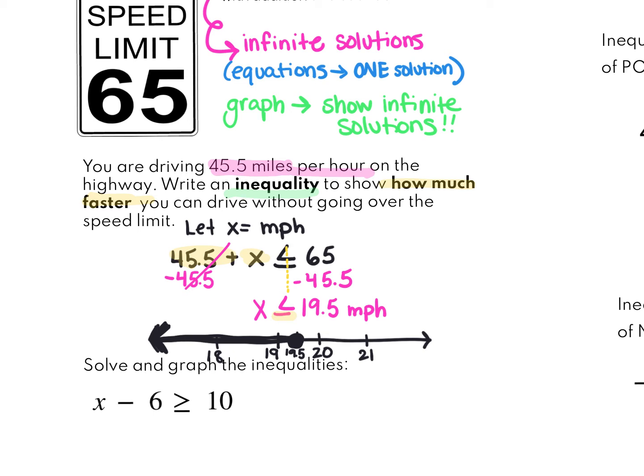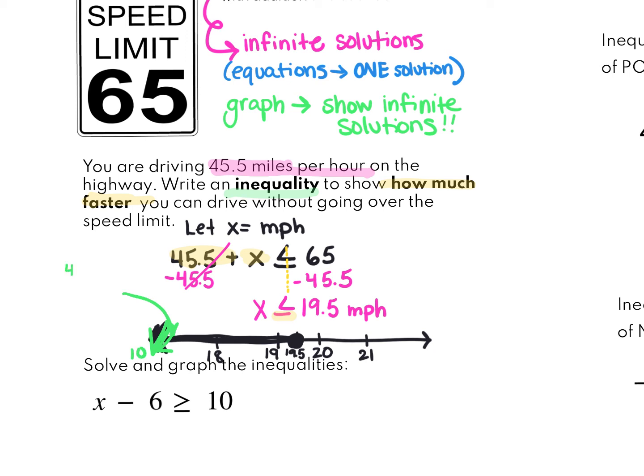When we are graphing and solving inequalities, we always have to check. The good news is I can check any number that's on the shaded side. I like to pick numbers that make it super easy to calculate, so I'm going to pick 10. 10 is less than 19.5.